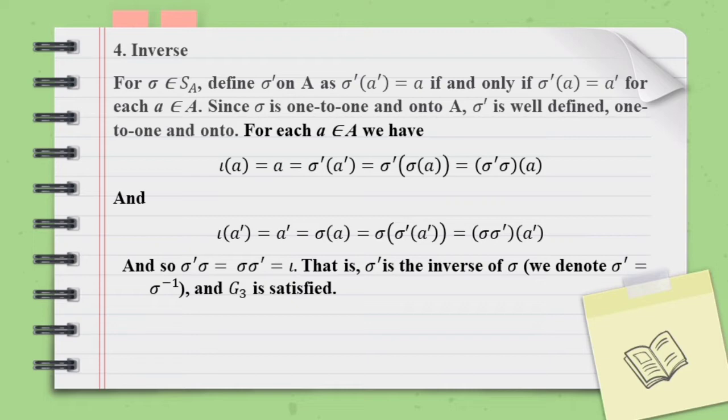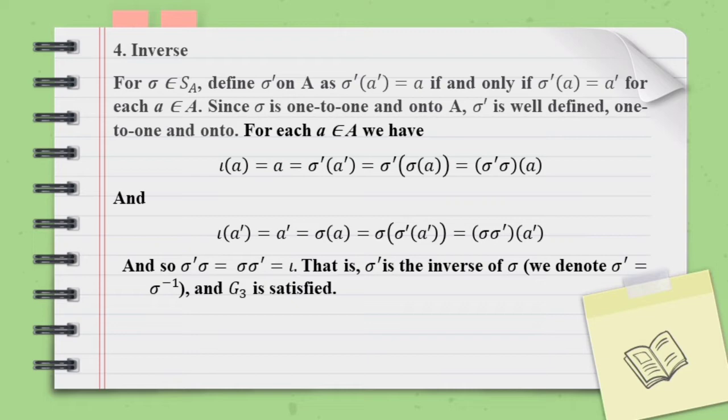For each a element of A, we have iota(a) equals a equals sigma prime(a prime) equals sigma prime sigma(a), and iota(a prime) equals a prime equals sigma(a) equals sigma sigma prime(a prime). And so sigma prime sigma equals sigma sigma prime equals iota.